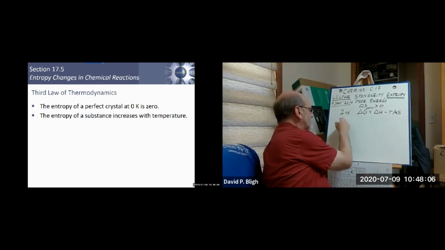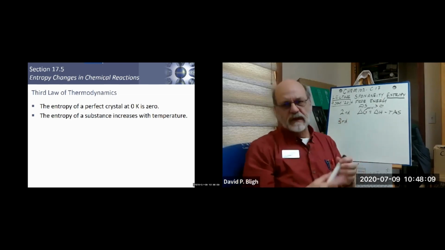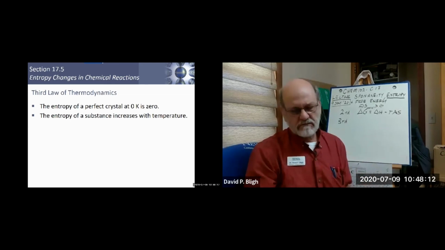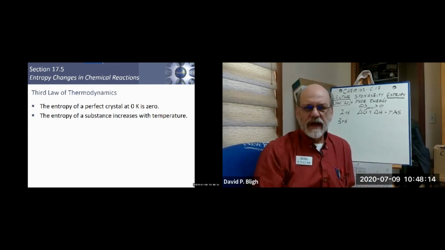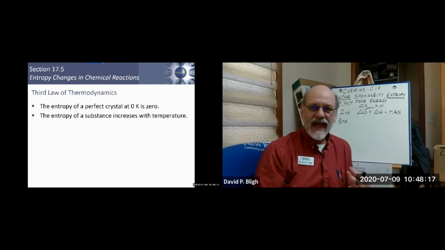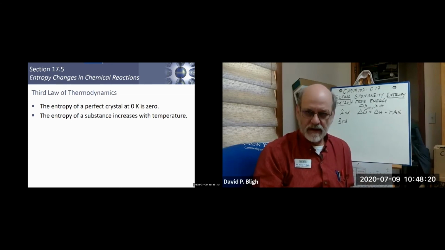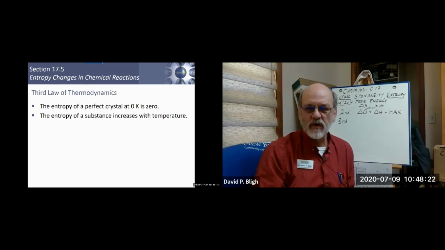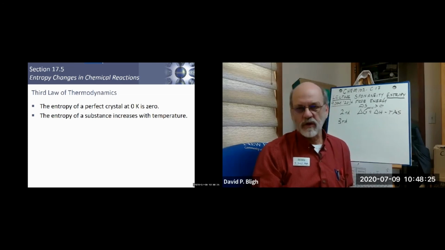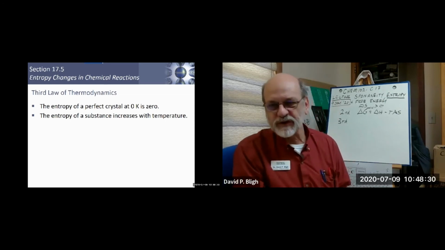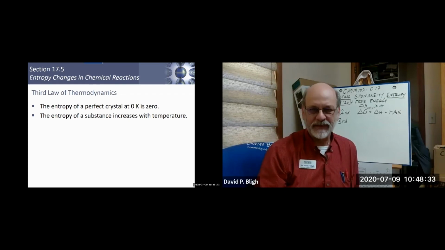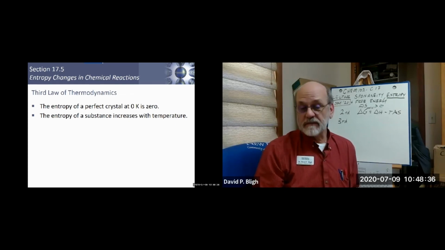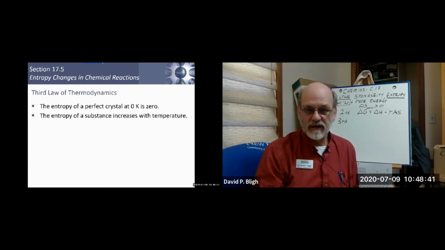But there's the third law. It's not as important for us. It's just for information purposes. It just says that the absolute entropy of a perfect crystal at 0 K is 0. In other words, there are no microstates available for a perfect crystal at 0 K, which is another way of saying that from that point on, entropy is always increasing with temperature.